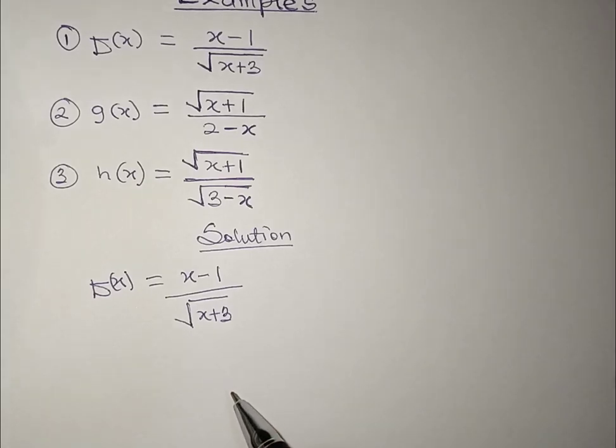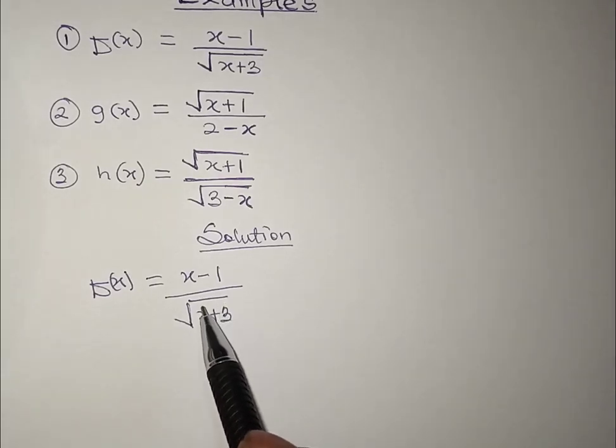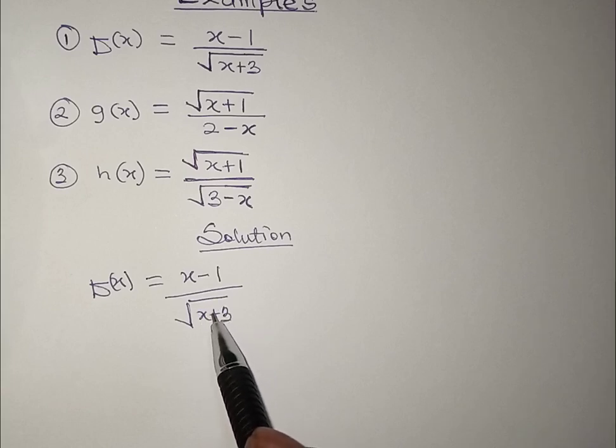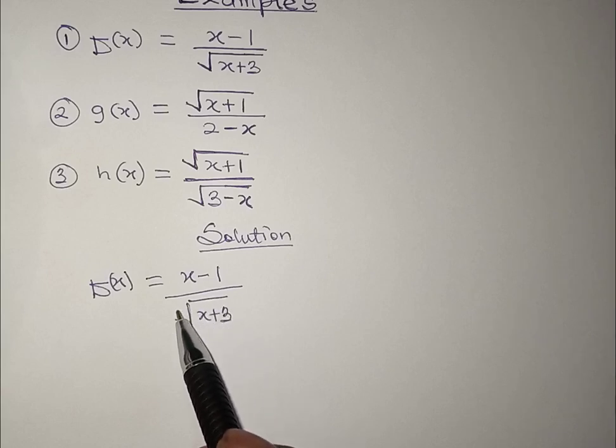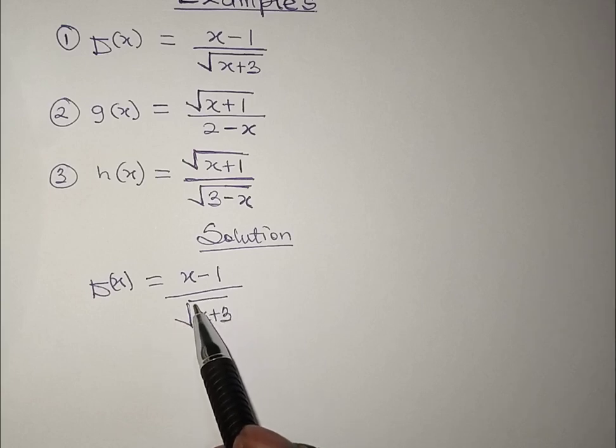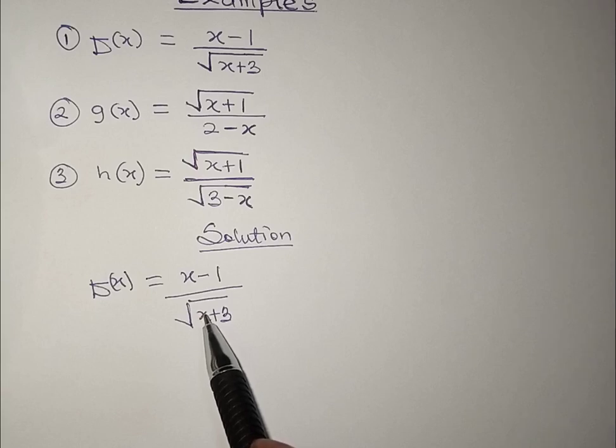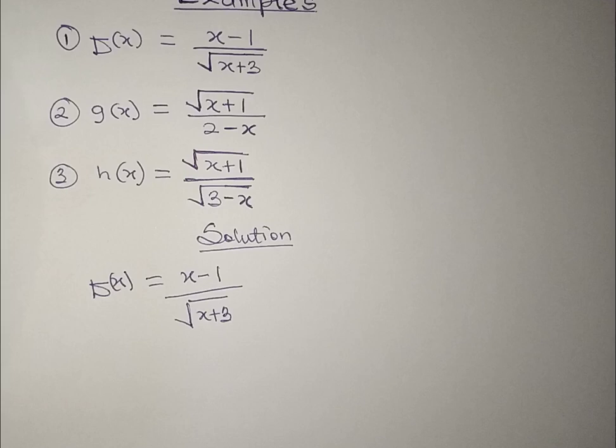Now, as we said, the domain of such an example is that whatever value we have in the radical sign shouldn't be negative. The denominator shouldn't be 0, and there shouldn't be any negative in the radical sign. Other than that, the function is going to be undefined, and we don't want that.